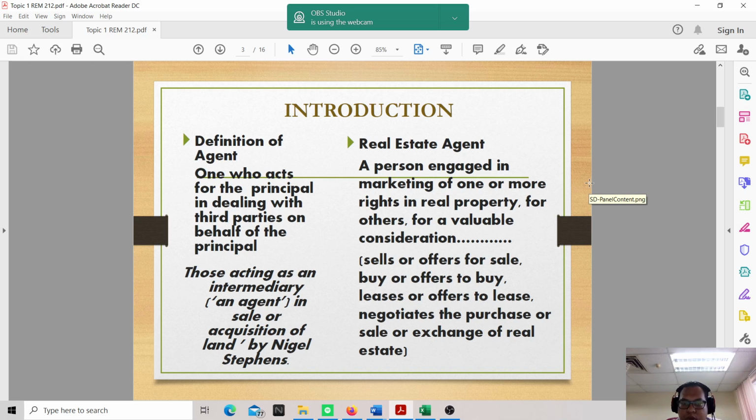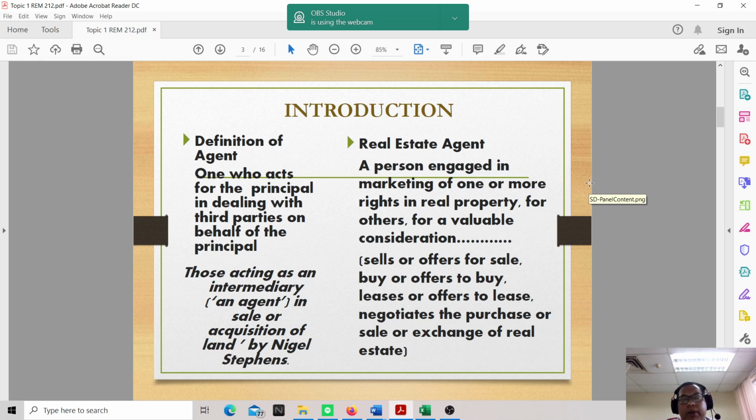Okay, so this is to sell or offer for sale, buy or offer to buy, lease or offer to lease, and negotiate the purchase, sale or exchange of real estate. These are the services that you offer to your principal.